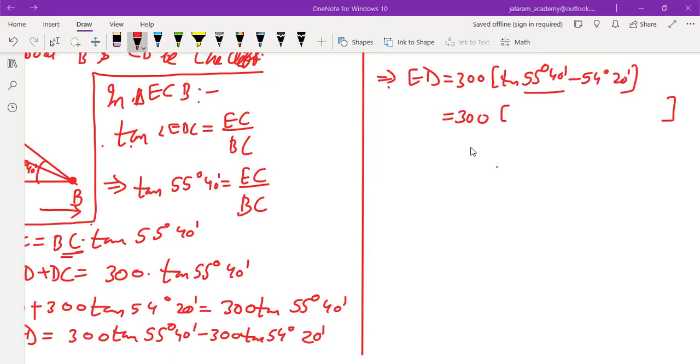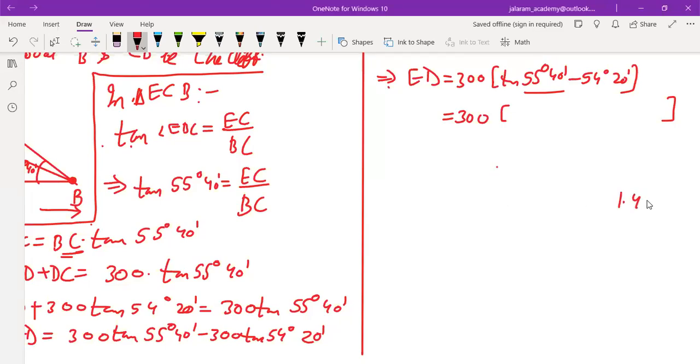So if you observe the value of tan 55 degree, it is 1.4281. But in the same column, if you find it for 36 minutes, what is it? 1.4605.